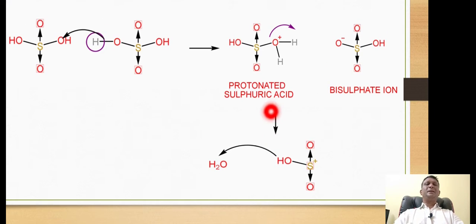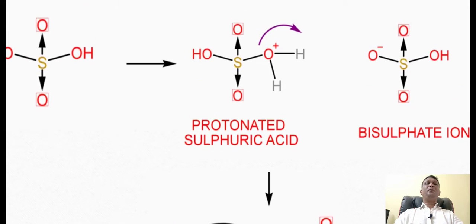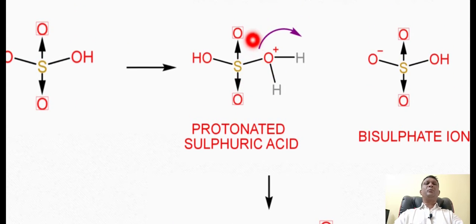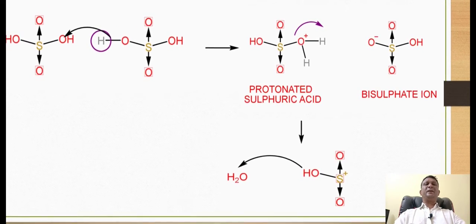Dear students, when the water molecule is lost from the protonated sulfuric acid, the bond between the sulfur and oxygen is broken, and the electron pair of this sulfur oxygen bond is taken by the oxygen of the water molecule. Thus, the sulfur atom will become electron deficient in nature.